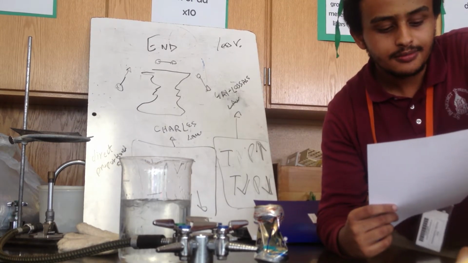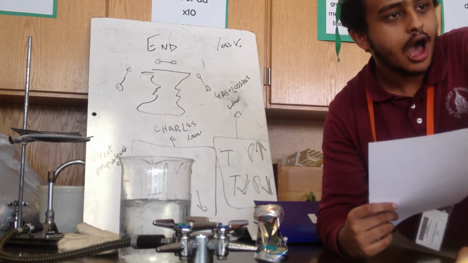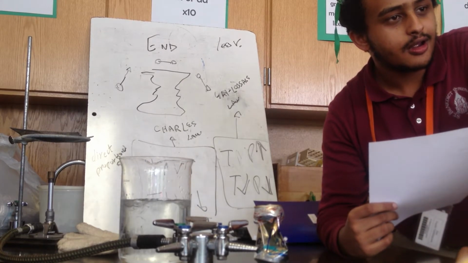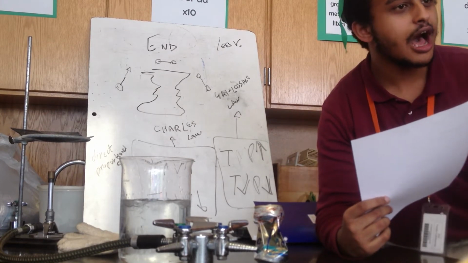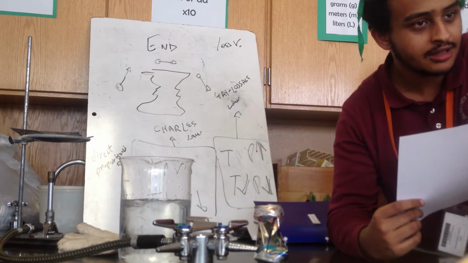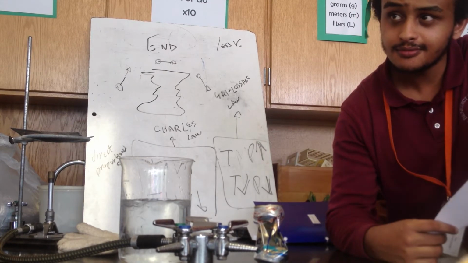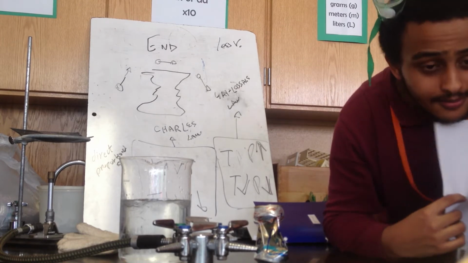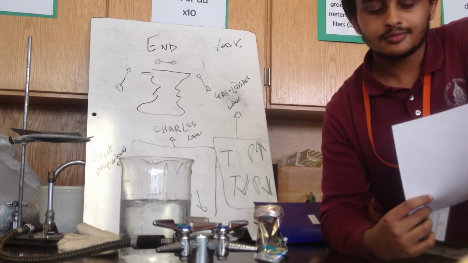What is temperature? Temperature is how hot or cold an object is. That's the right answer. What is volume? How much space it takes. Very good.